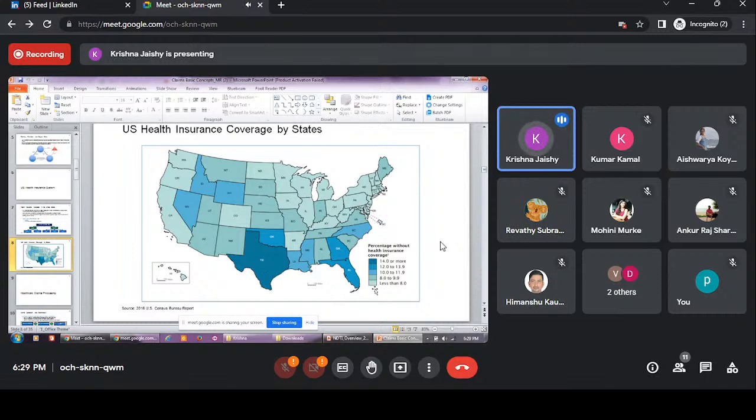The regions with the lowest percentages are where almost 100% of people come under a health insurance plan. These states have 12% or less than that. These states have around 8 to 9%, right? And these will have 12 to 14, right?